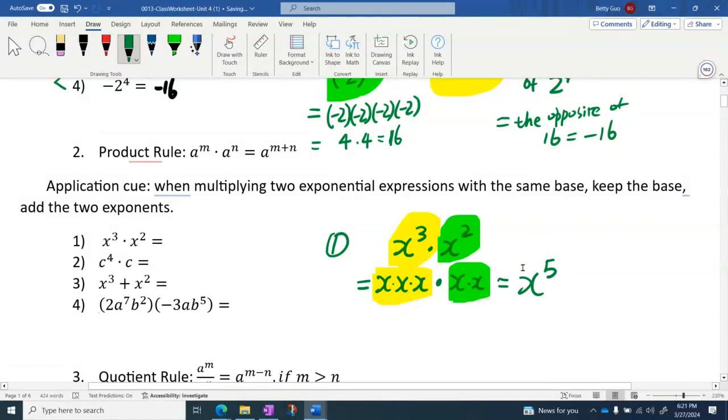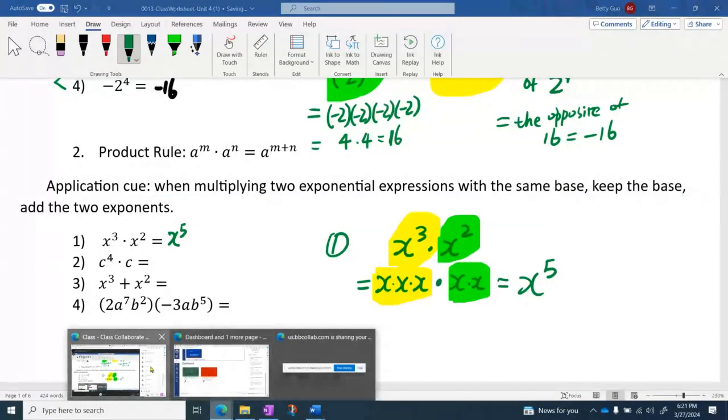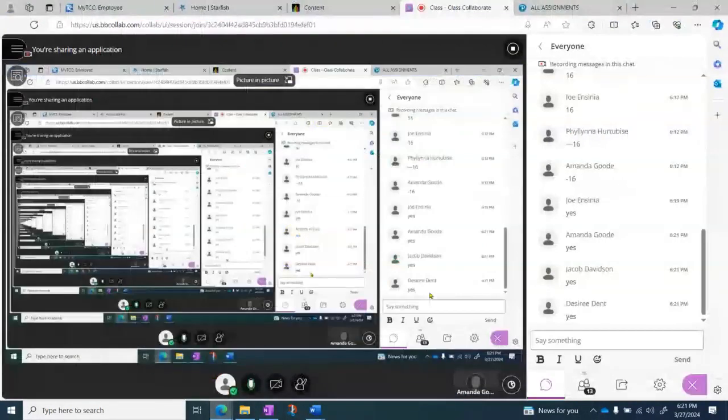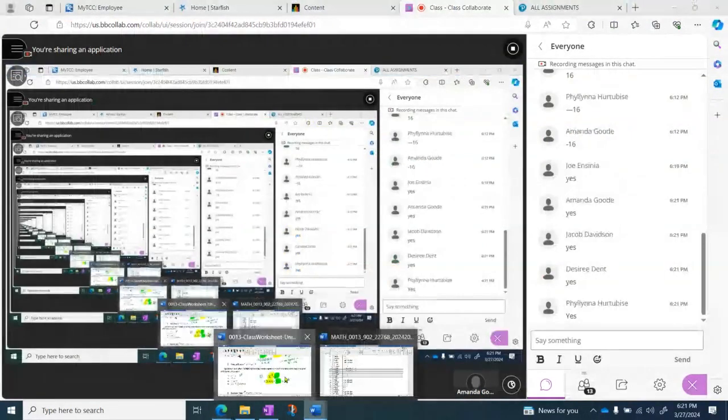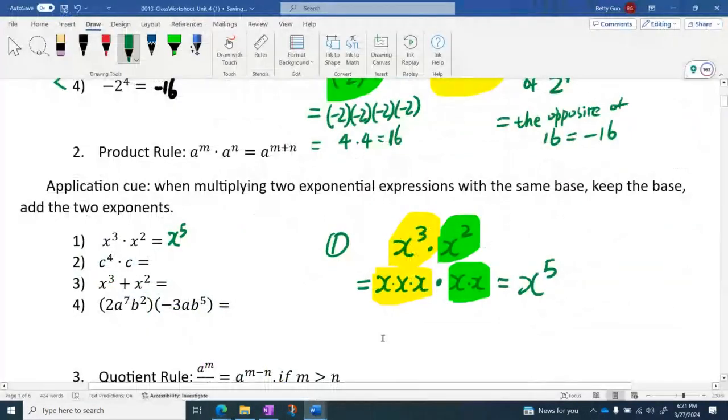That's the result or answer of this problem. Please let me know, do you understand or agree with the result? The result is x to the power 5. Do you agree? We do not use anything new, simply just the definition of exponential expression. Very good. That's the first question.